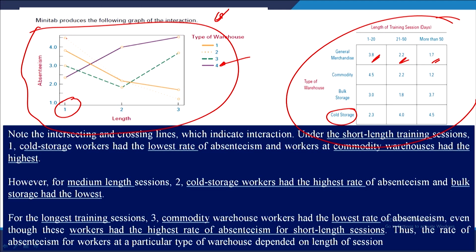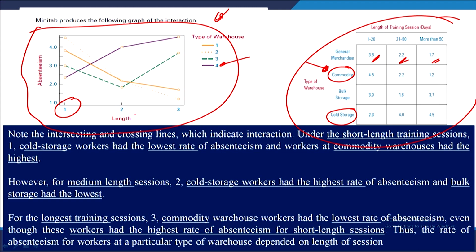So, this is warehouse number 2, it means commodity warehouse. So, at short length training session, the highest absenteeism is for commodity stock warehouse workers and least is for this.